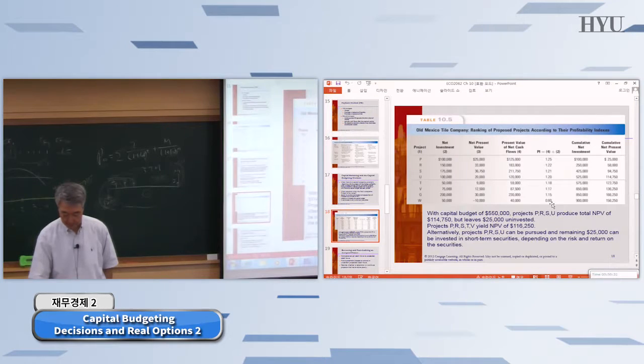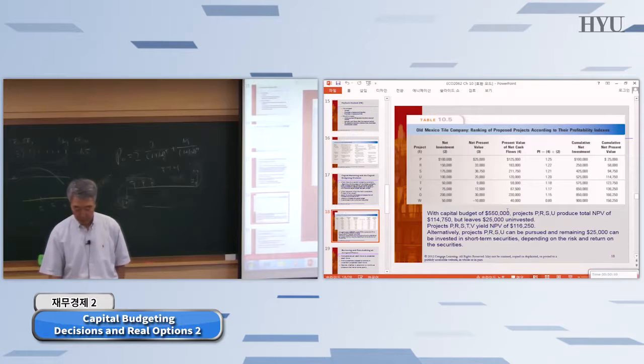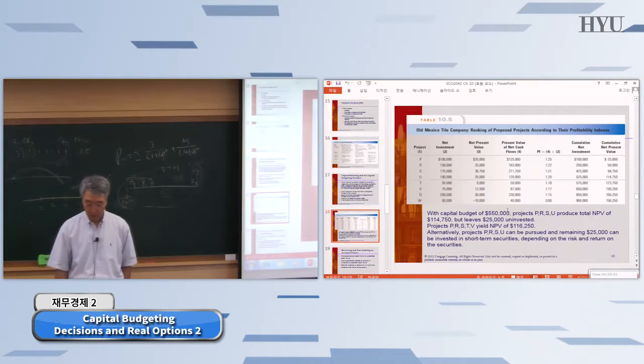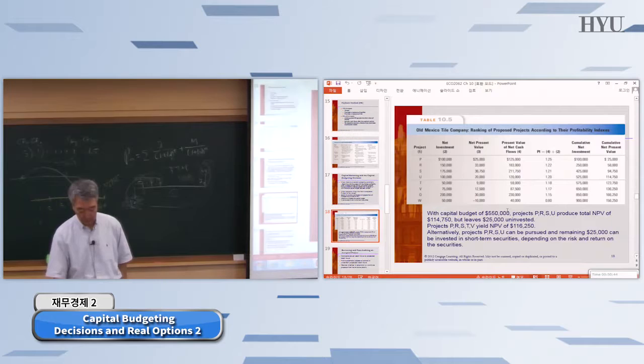Okay? All right, and then think about the cumulative net investments, so add up all the net investments required. And the story is, this company has a $550,000 capital budget, so you can afford up to $550,000 total cost, total investment.